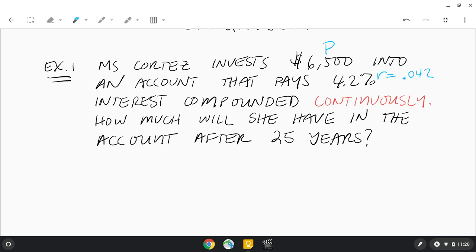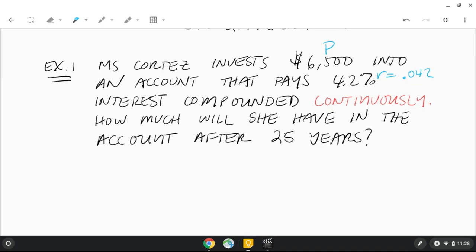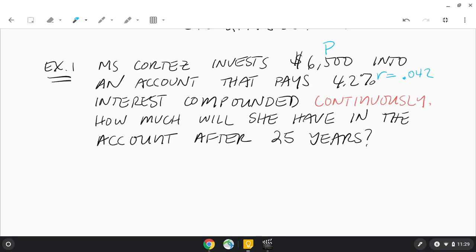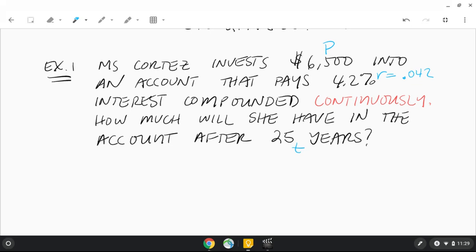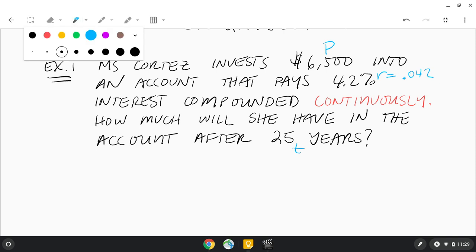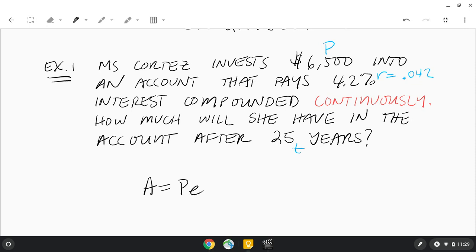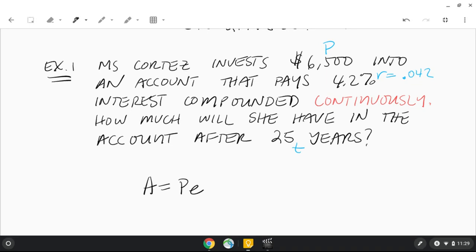All right, and compounded continuously. How much will she have in the account after 25 years? This here is our T. So, compounded continuously, we know we are using this formula, P E to the RT.